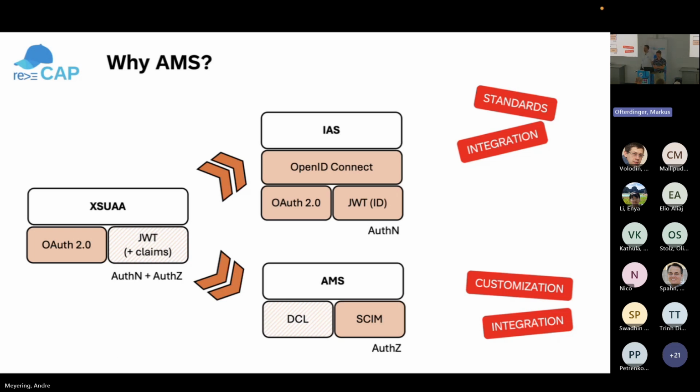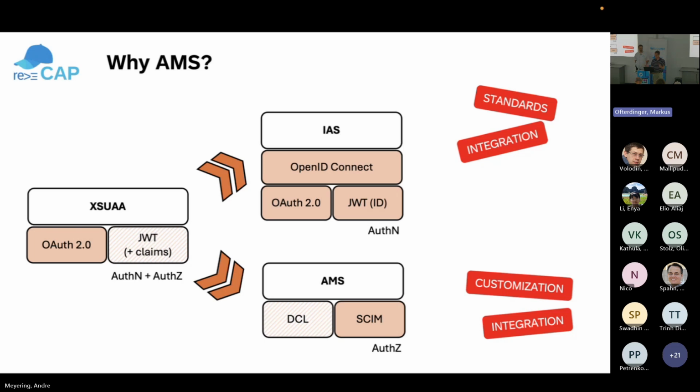Yeah, why AMS? So we are all used to XSUAA. Why is AMS now in place? I guess it actually starts with IAS, the Identity Authentication Service on BTP, as an evolution step of XSUAA. And why is that? It's mainly to provide you with the best possible integration capabilities in the cloud.